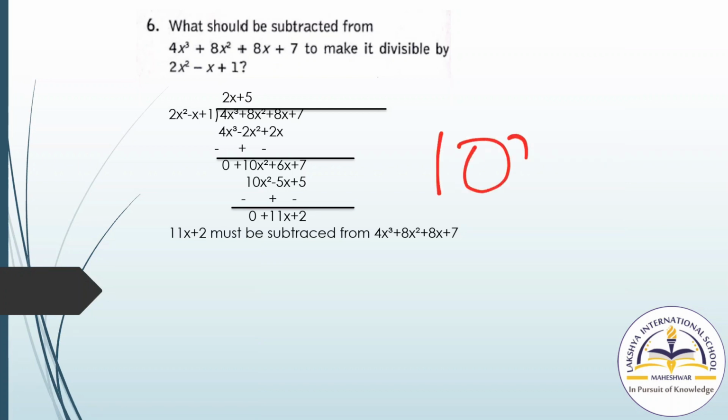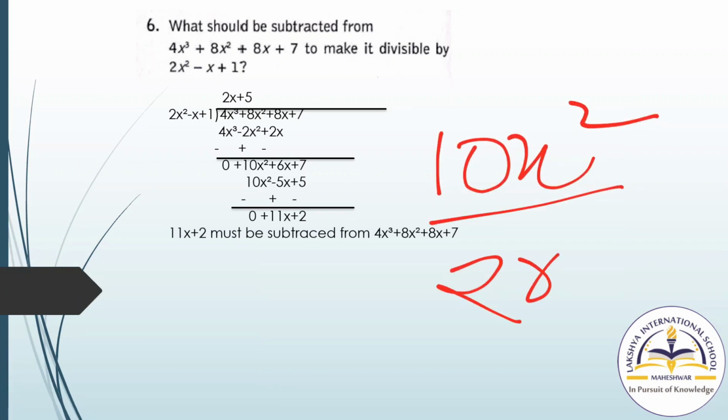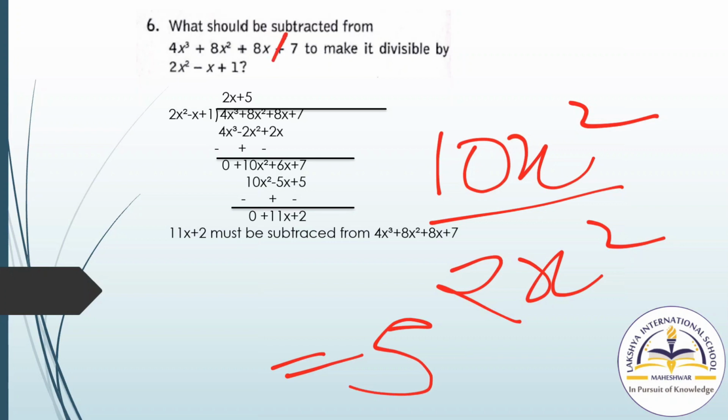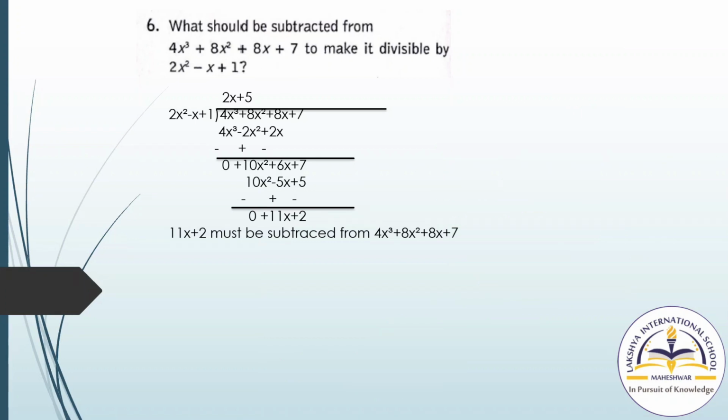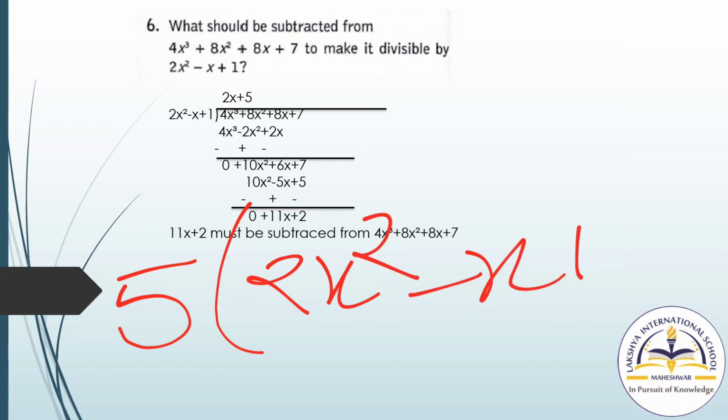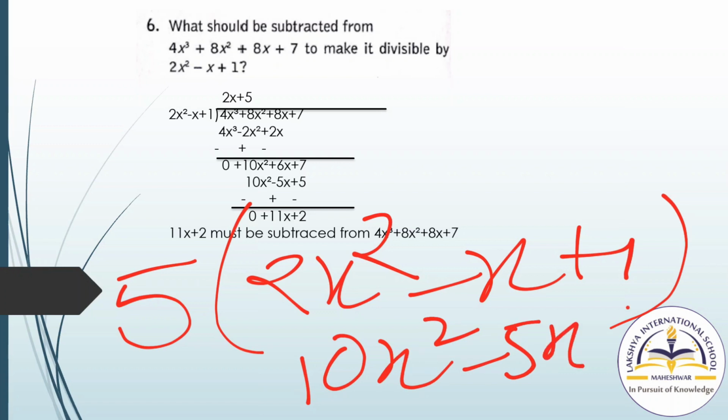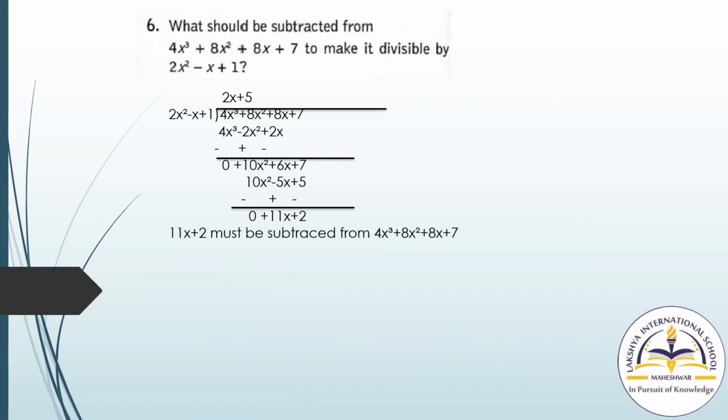Now again 10x square divided by 2x square, you will get 5. So here we have taken plus 5. Then you have to multiply 5 into 2x square minus x plus 1. You will get 10x square minus 5x plus 5. So here we have written that expression, and then you have to subtract them.